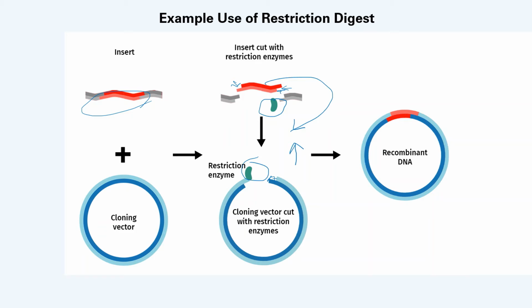Sometimes when you have blunt ends, which have no hangovers, of course, you can use the enzyme ligase to stitch these two pieces together. But if there are sticky ends, that process expedites and you have an easy binding of a gene of interest to your plasmid. So this is one of the main reasons why restriction enzymes are used.